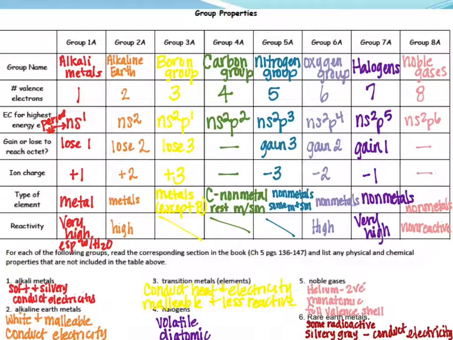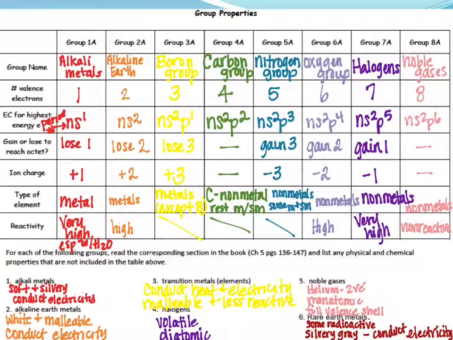These two are probably going to want to hook up because one can lose 2 electrons while one wants to gain them. It's the same thing with the alkali metals and the halogens. They're going to want to hook up because one wants to lose one while the other wants to gain. Any questions on that?